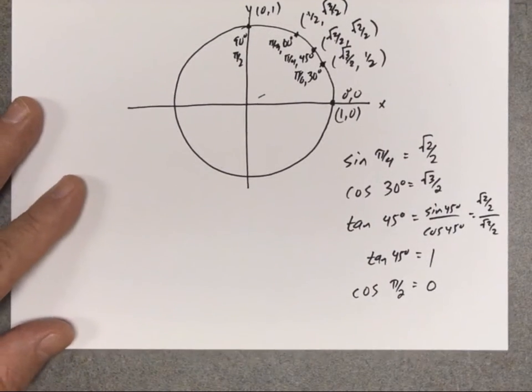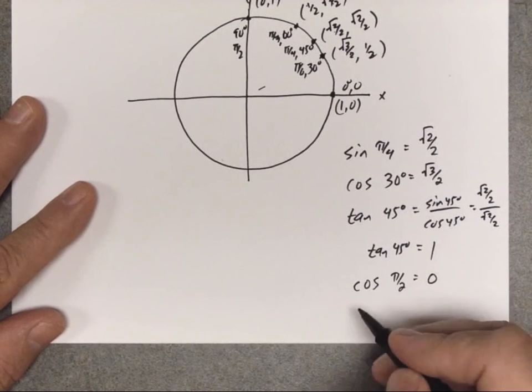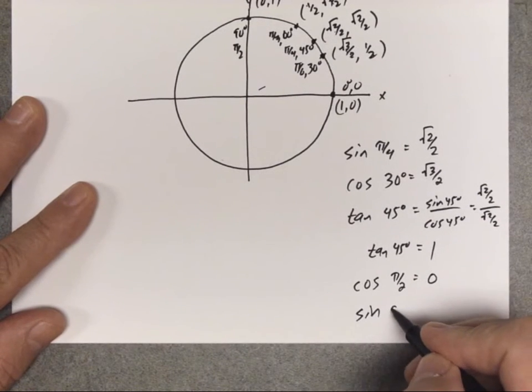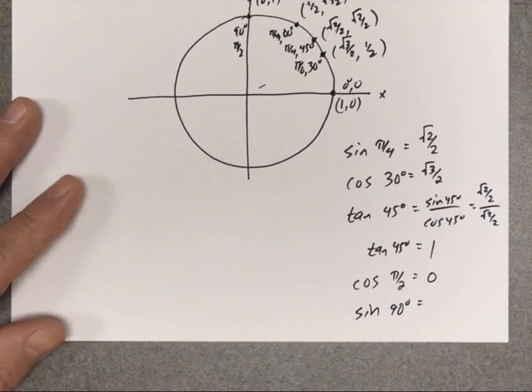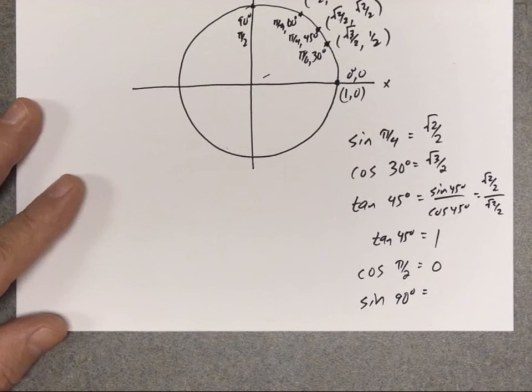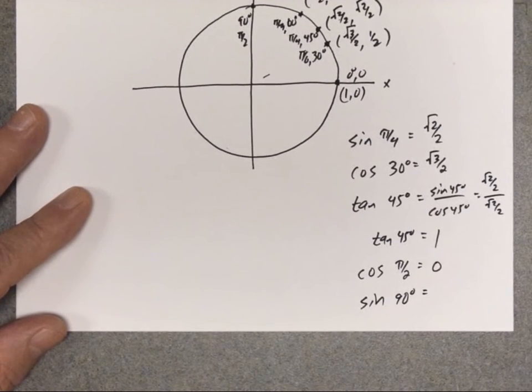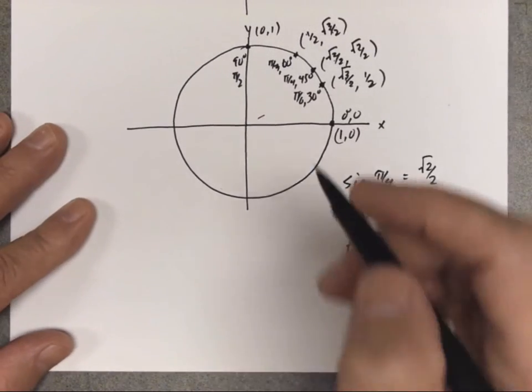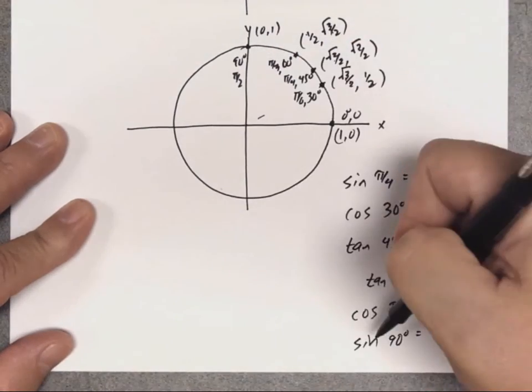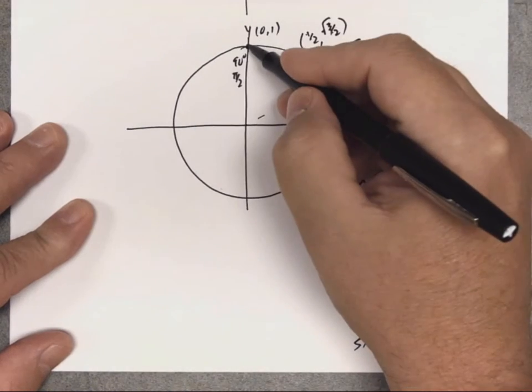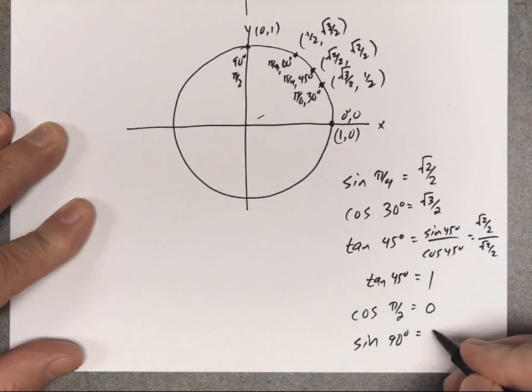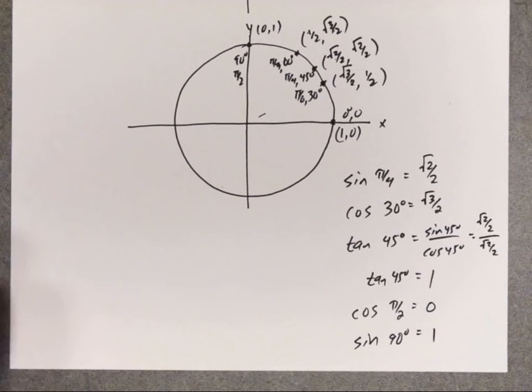Cosine of pi over 2 is 0. We'll go back to degrees. How about the sine of 90 degrees? If I go to the point that gives me a 90 degree angle, which is right here, the sine is the y value of that point, which is 1. Sine of 90 degrees is 1.